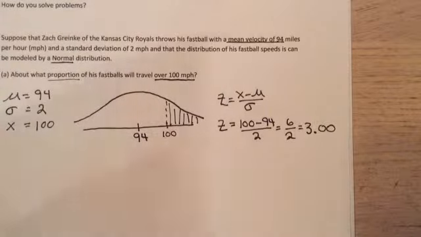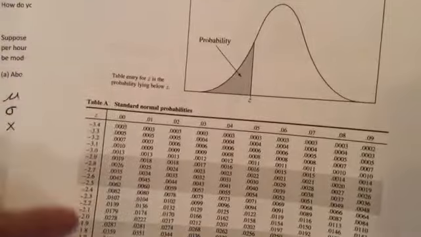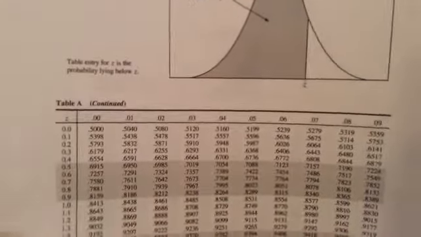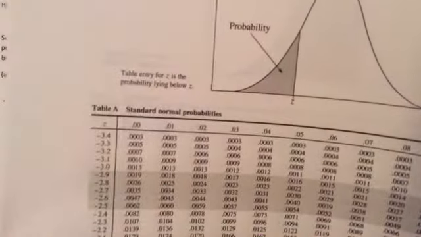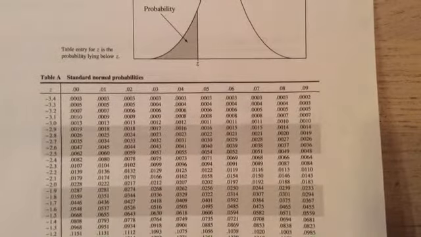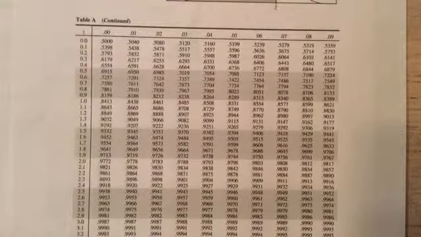Well, our z-table has 2 sides. It has a positive side represented by the positive values of z, and then it also has a negative side, which is represented by the negative values of z. So we're going to look on the positive side since the z value we're looking for is a positive number.